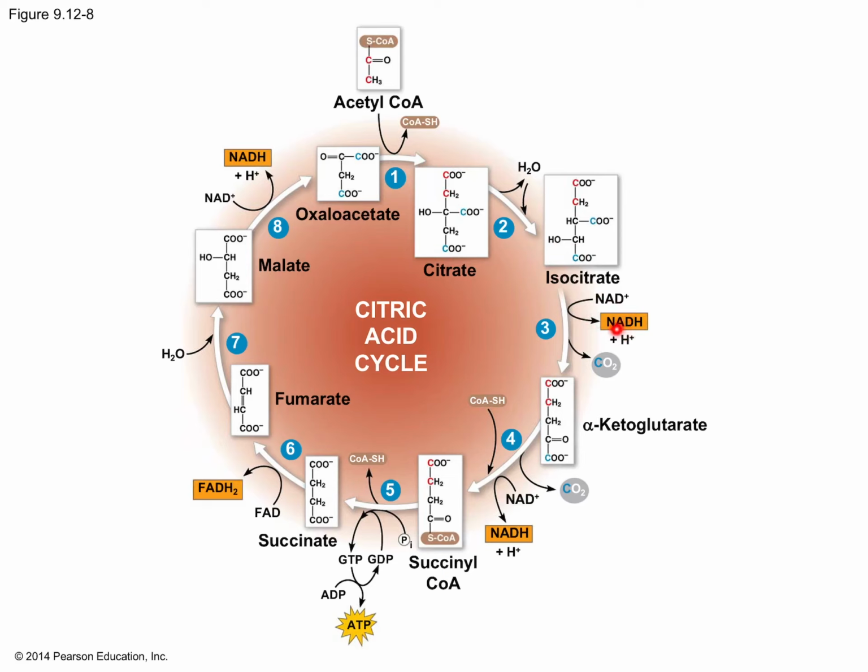All right, that process converts this intermediate into this one. Again, don't worry about the name, not important. Fourth step, this intermediate is converted to this one, and this is where we have our second round of electron mining. NAD plus comes in again, gets reduced to NADH, and we get a second CO2.